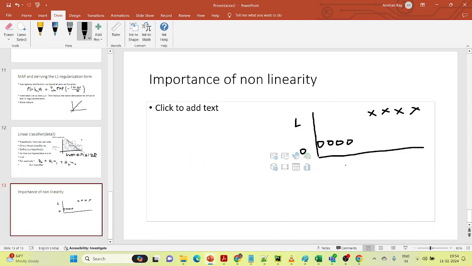Here I have taken only one parameter, the size of the tumor. Suppose this size x0 is there. Above x0 it gives 1, meaning there is cancer, and below x0 there is no cancer. Okay.